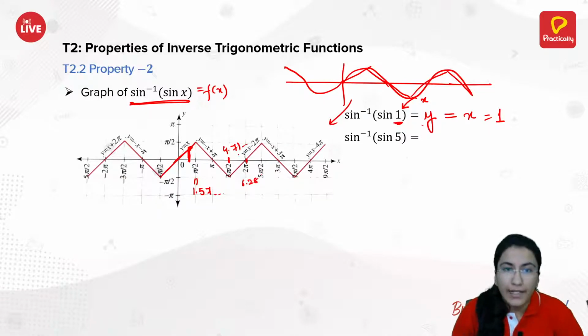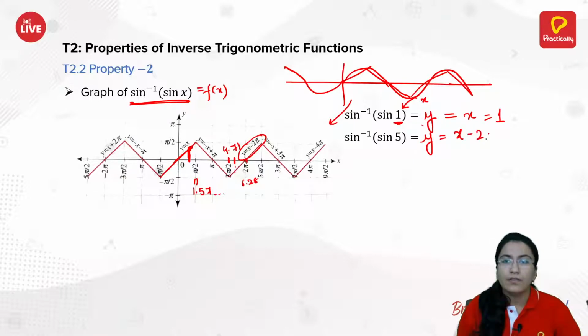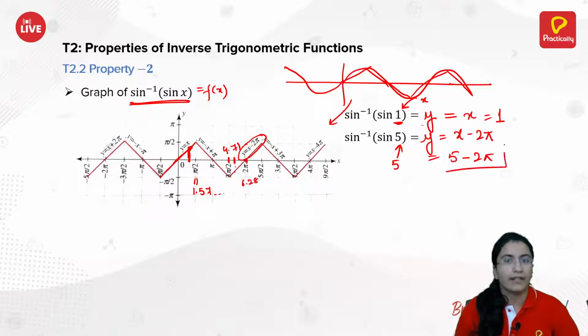That means 5 will lie between these 2 points, and for this particular line we have y equal to x minus 2 pi. Here x is 5, so the answer will be 5 minus 2 pi.